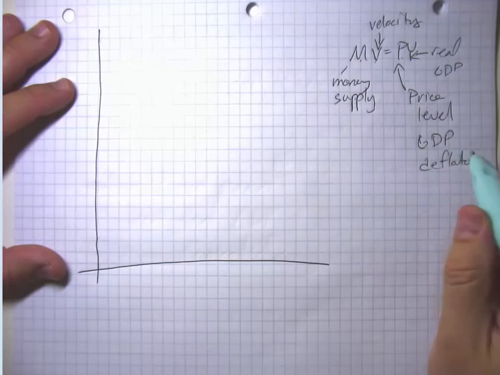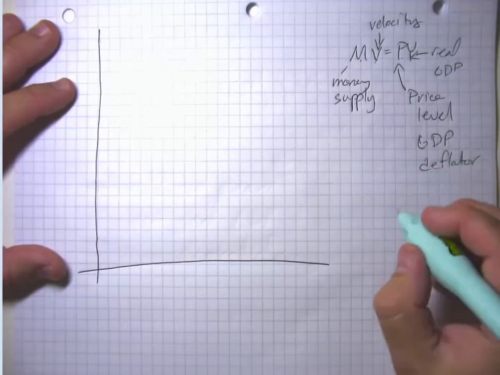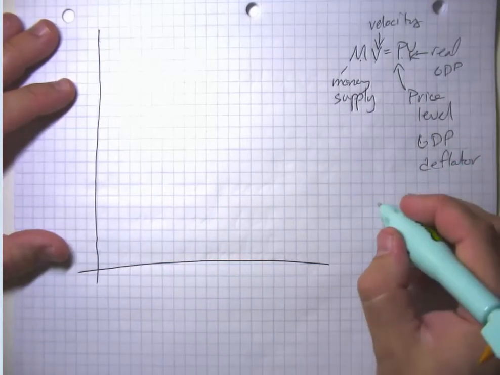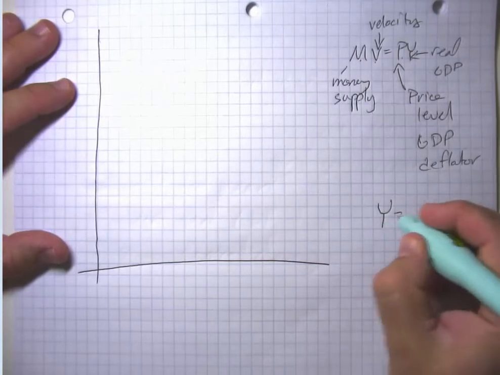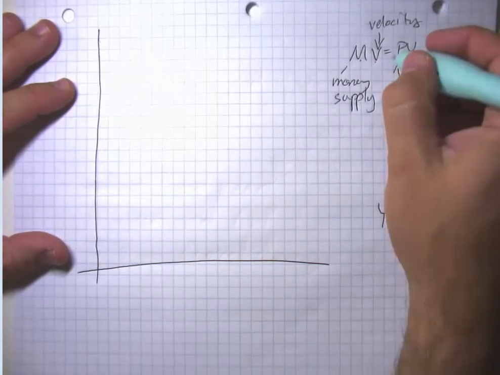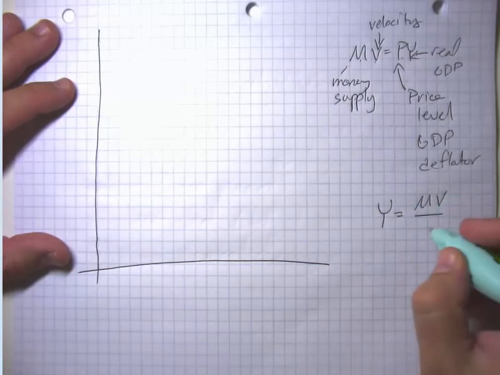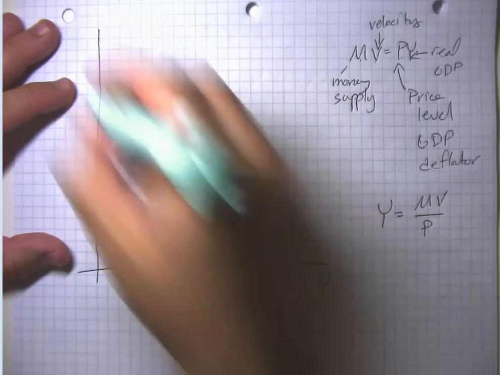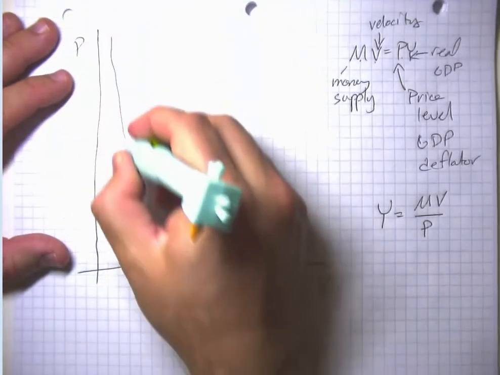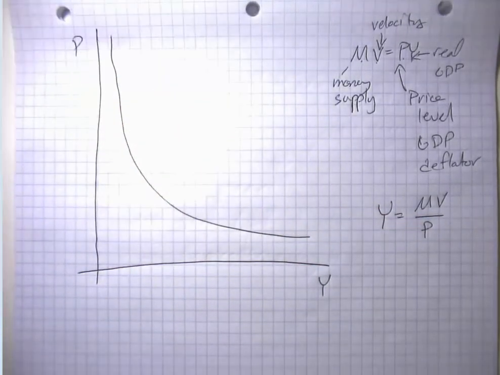We can go ahead and solve this around here. We're going to divide both sides by P, so real GDP equals MV over P. And if we were to graph that, it would look something like this.